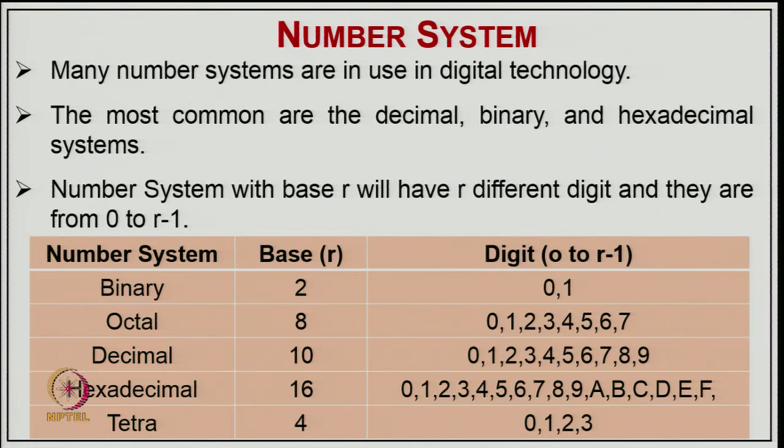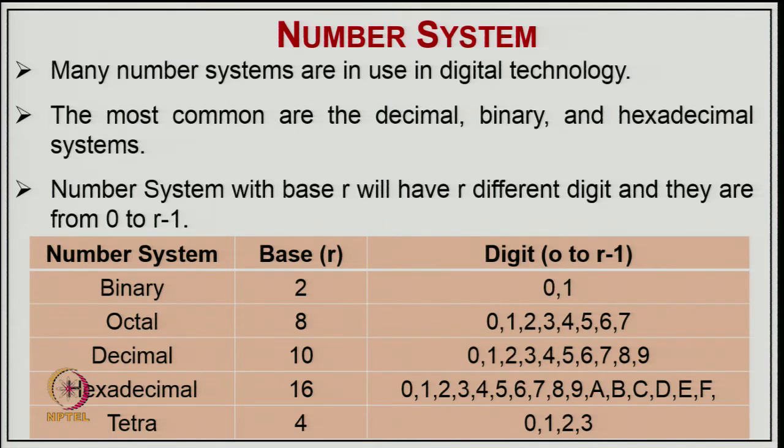Those 8 distinct digits are used for octal numbers. Similarly, for decimal the base value is 10, so there are 10 digits which go from 0 to 10 minus 1, that is 0 to 9: 0, 1, 2, 3, 4, 5, 6, 7, 8, 9. Then we have hexadecimal, where the base is 16, so we have 16 symbols. Here 0 to 9 are taken from decimal, and for 10 to 15 we use A, B, C, D, E, F.